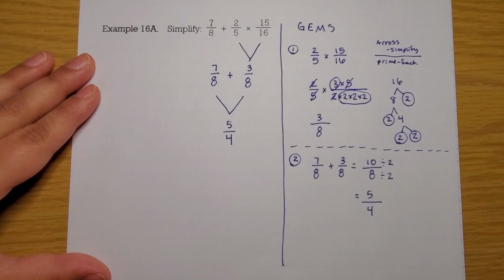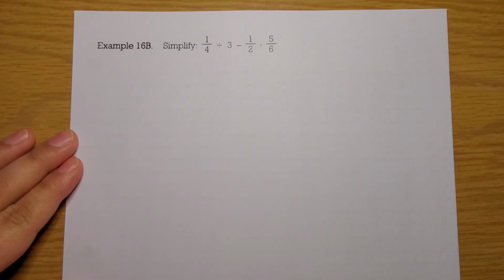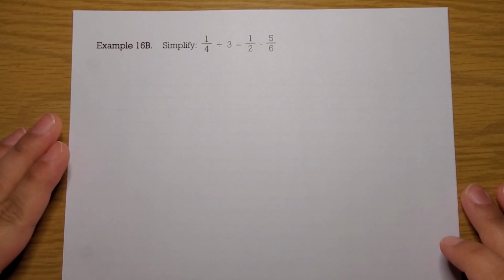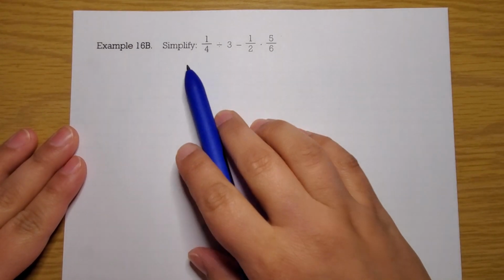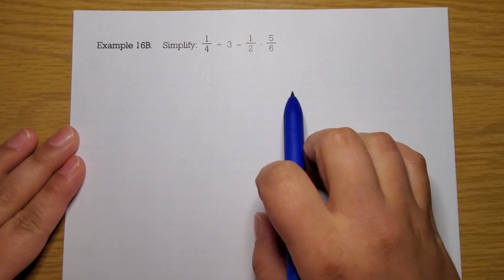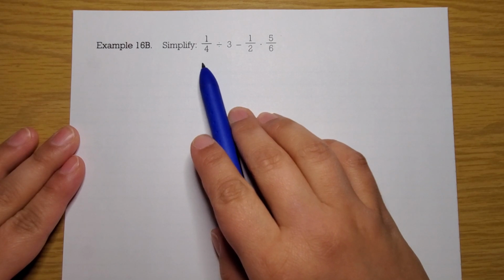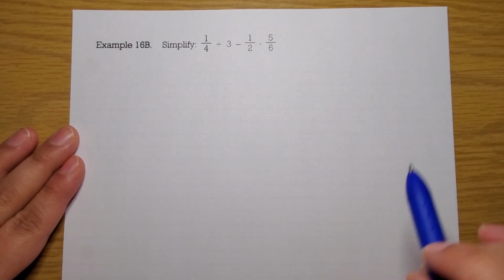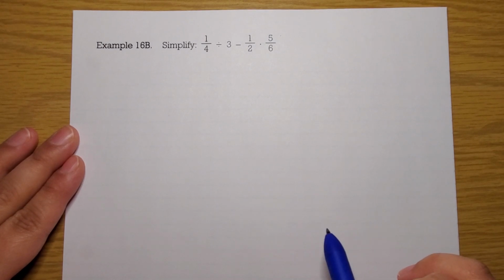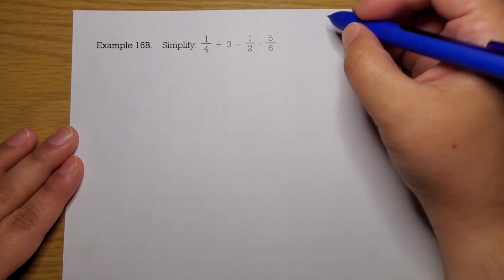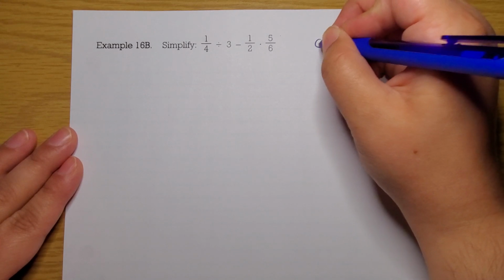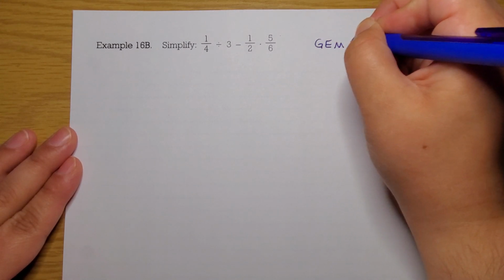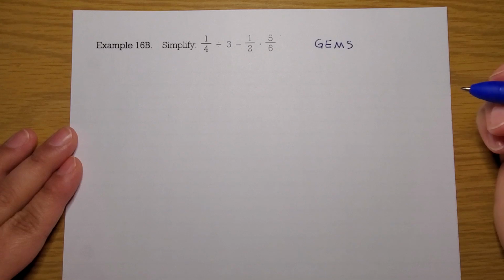Okay, let's go ahead and do another one. For my next example, we're going to simplify, which just means carry out all the operations. 1/4 divided by 3 minus 1/2 times 5/6. Oof. Okay, so one thing at a time here. Let's write out GEMS as a reminder to ourselves of our order of operations.